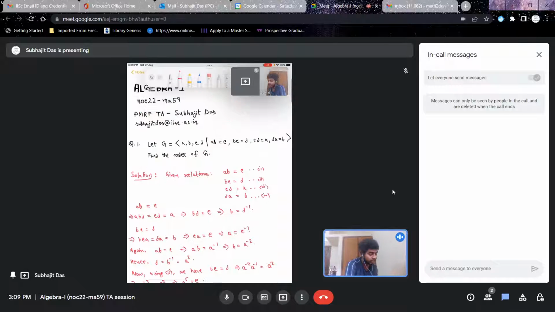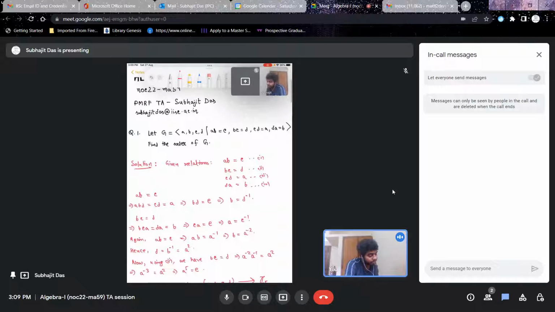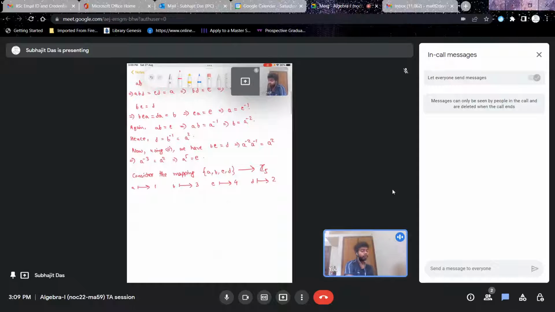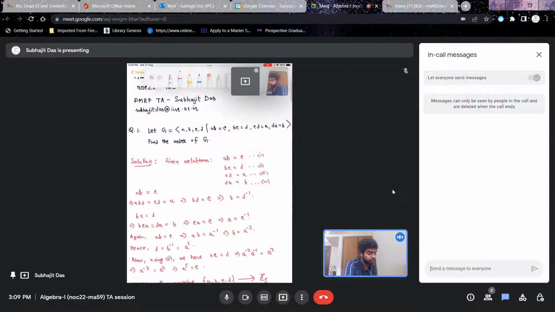So the second relation is also satisfied. C times D is A, so 4 plus 2, which is 6, which is certainly 1 mod 5. So this also holds.